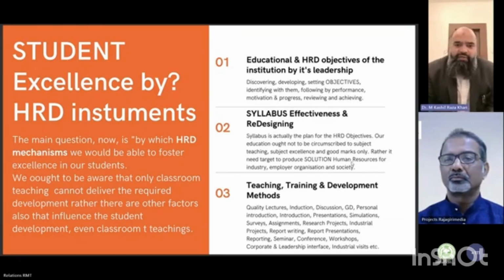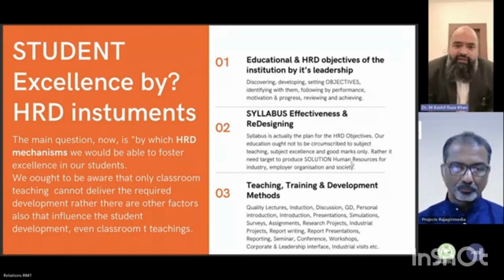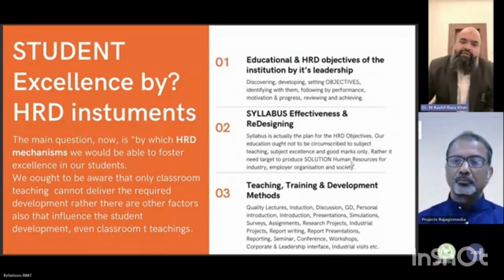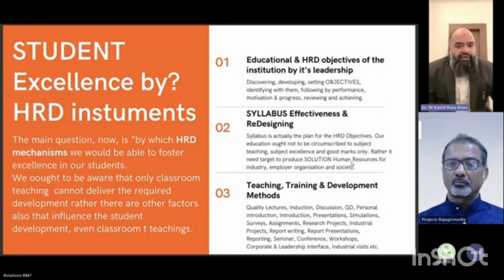The third HRD mechanism is teaching, training, and development methods. I am not mentioning here only teaching methods. I am mentioning teaching, training, and development methods because we need to teach our subjects and we need to train our students in the practical skills of the subject itself.